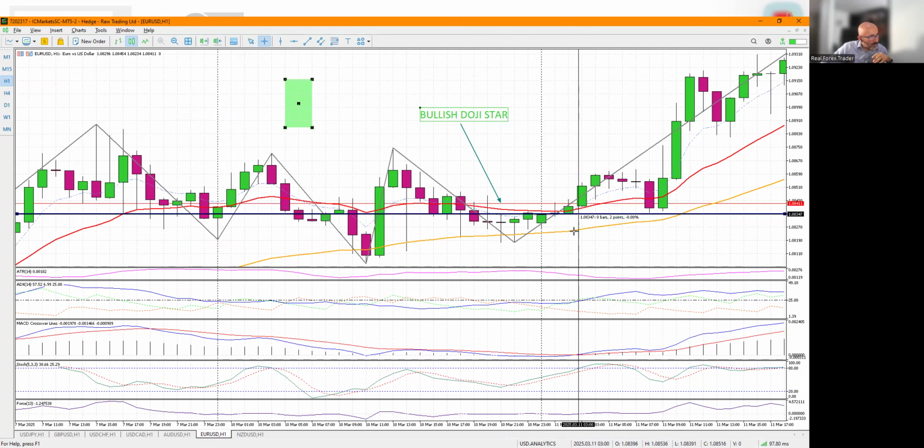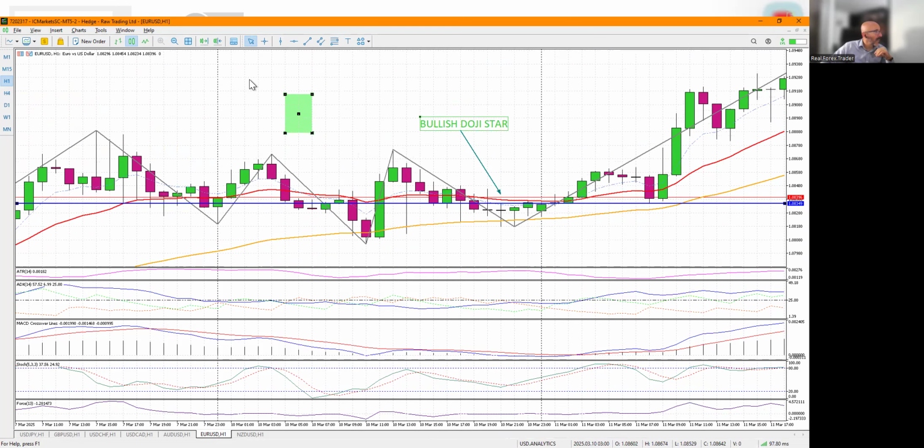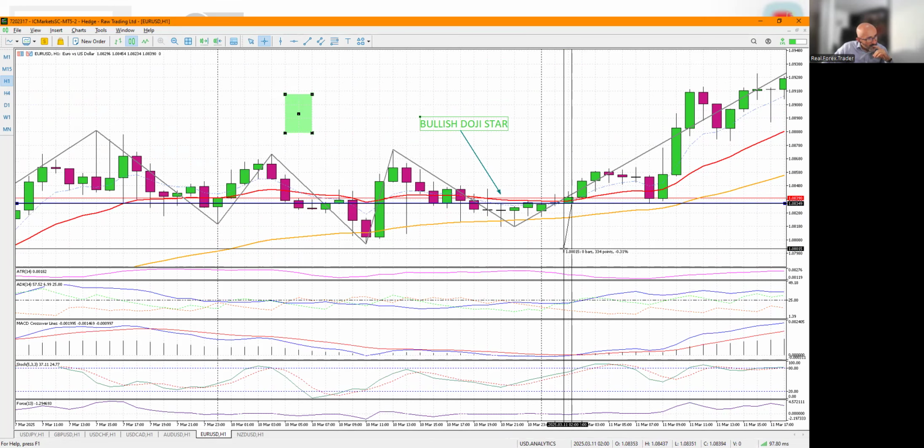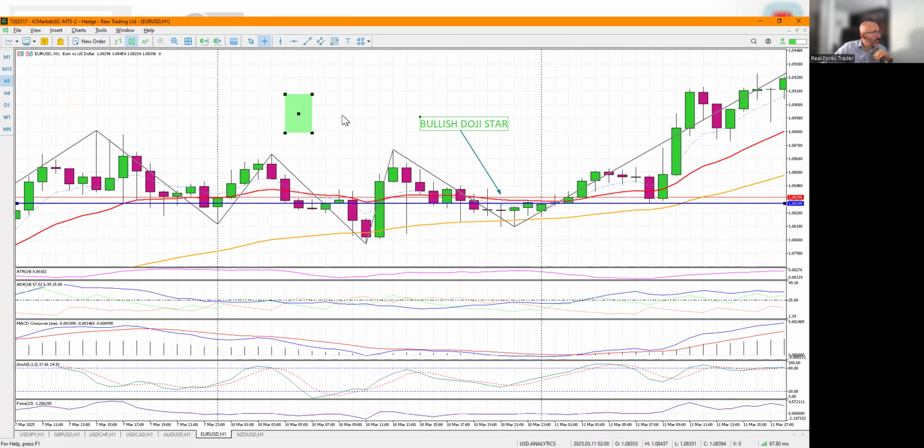So stop is 34. Let me drag it a little bit more. 34.5. So this is my entry here. 34 is around this part in here, right? So I'm going to place it right here. This is my stop.